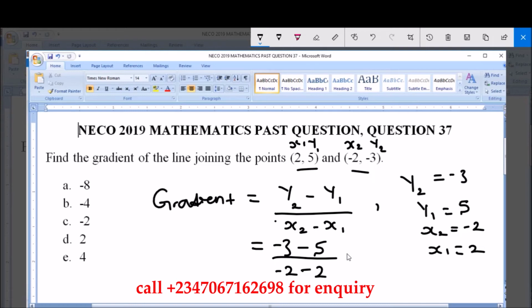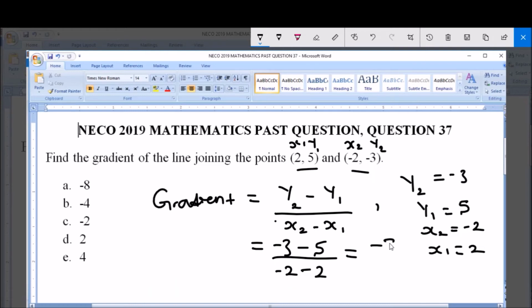And so with this, -3 minus 5 will give us -8, all over -2 minus 2, which is -4. And with this, -8 divided by -4 will give us 2, because the minus will cancel the minus, and 8 divided by 4 is equal to 2.